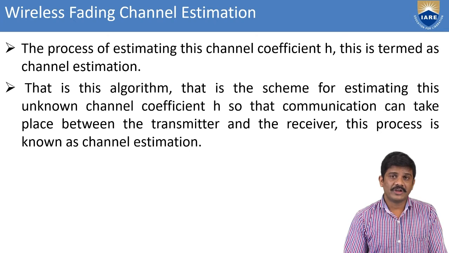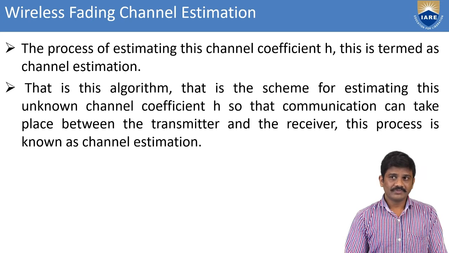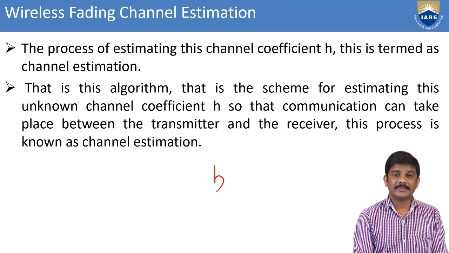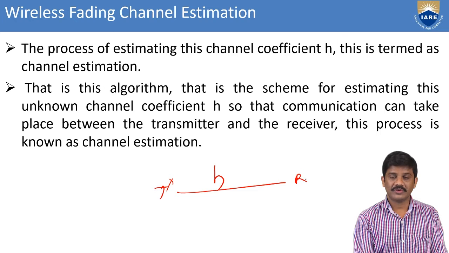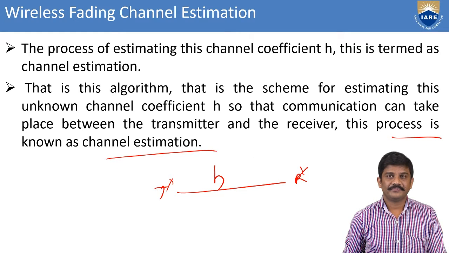We also have the unknown channel coefficient. In this we have known factors and unknown factors, and the estimation of the unknown parameter between the transmitter and receiver is also known as channel estimation.